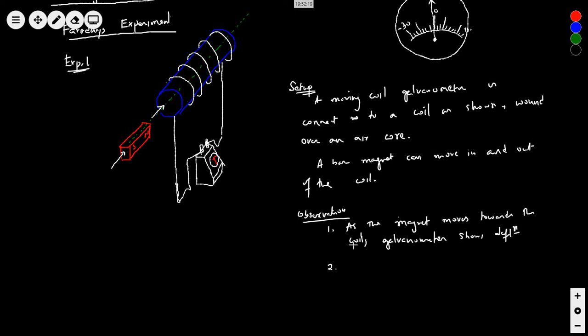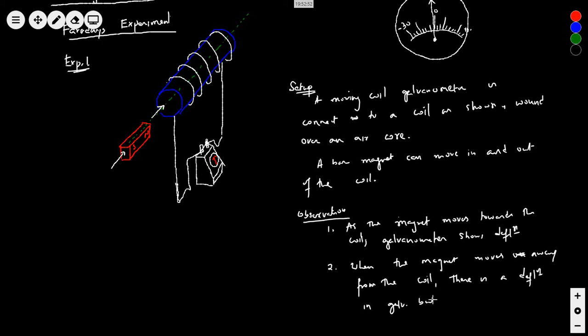Number 2, when the magnet moves out or moves away from the coil, there is a deflection in the galvanometer, but now in the opposite direction.